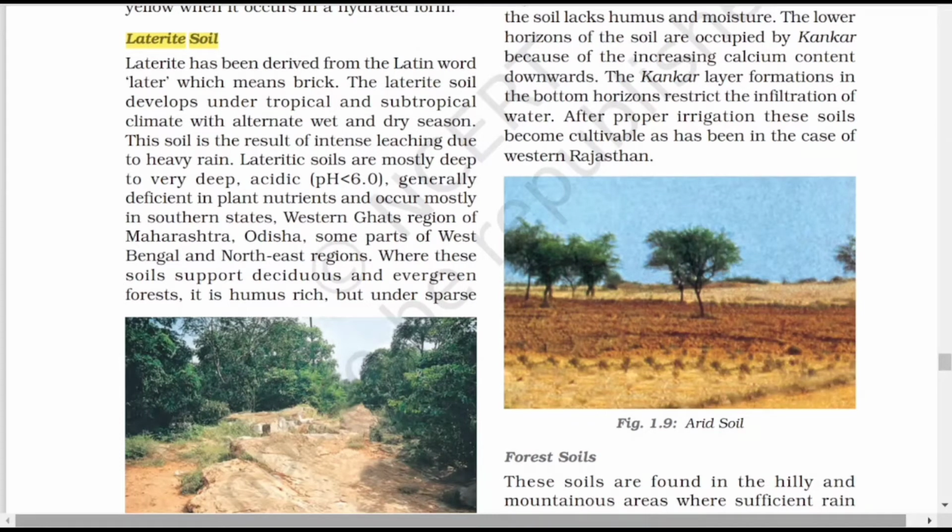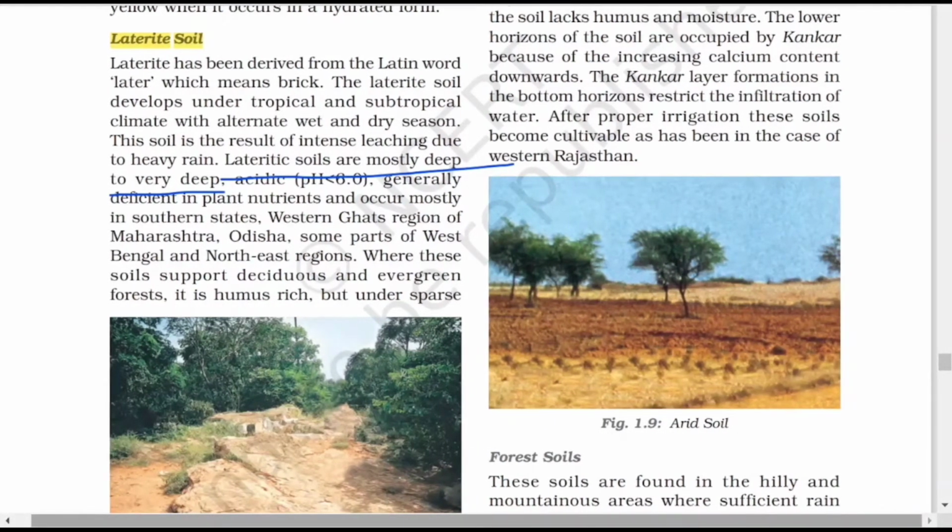Laterite soils are mostly deep. Look here. Laterite soils are mostly deep to very deep, and they are acidic, and the value is also given here. Generally deficient in plant nutrients and occur mostly in the southern states. Why are nutrients missing? As I told you, because of the leaching process, the nutrients go inside the ground and the top layer becomes infertile.